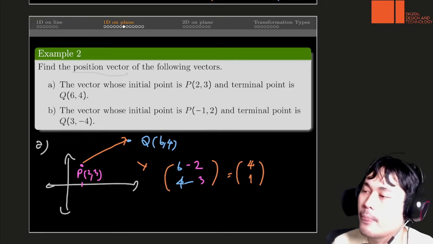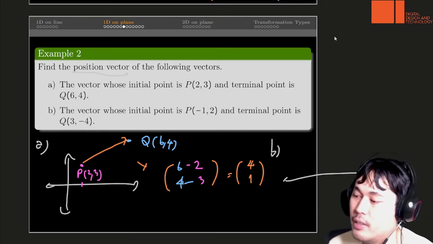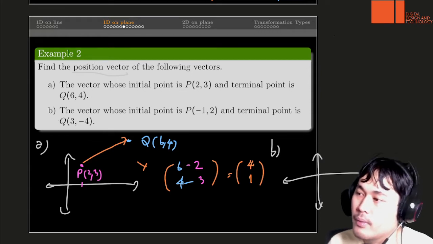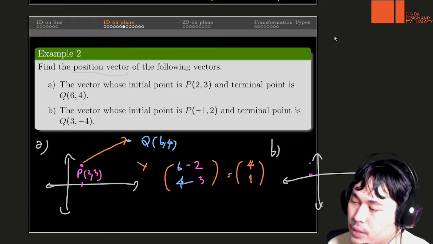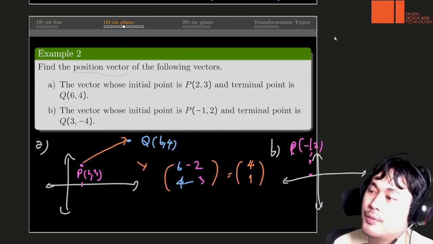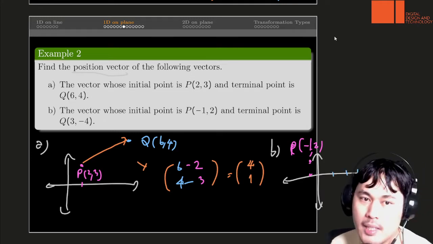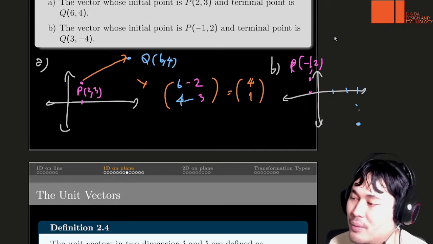And likewise for B, we have a different vector. In this case, P is (-1, 2). Q is (3, -4). Oops, my head is in the way.